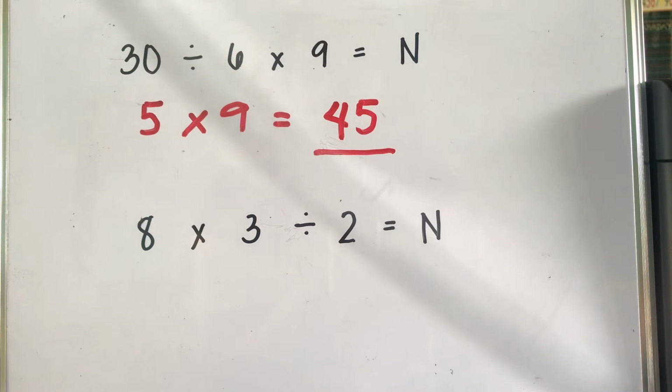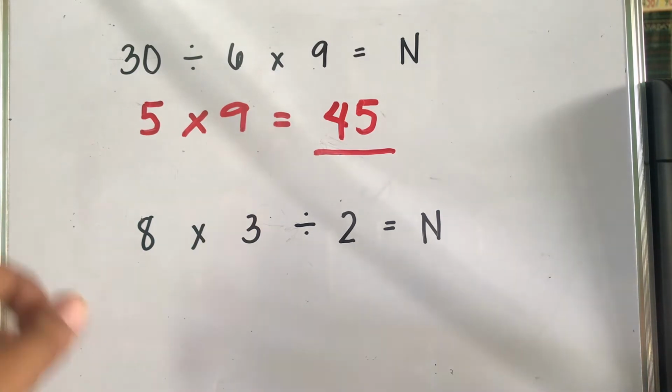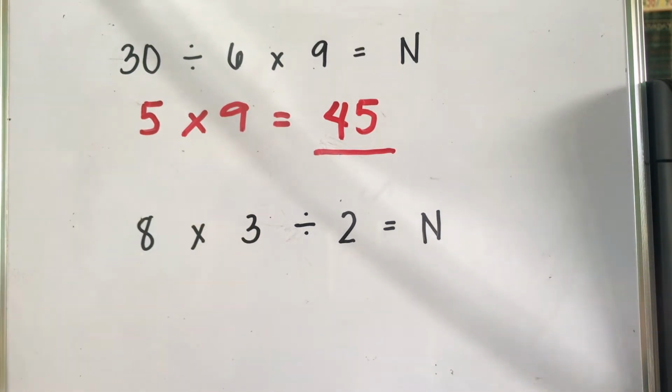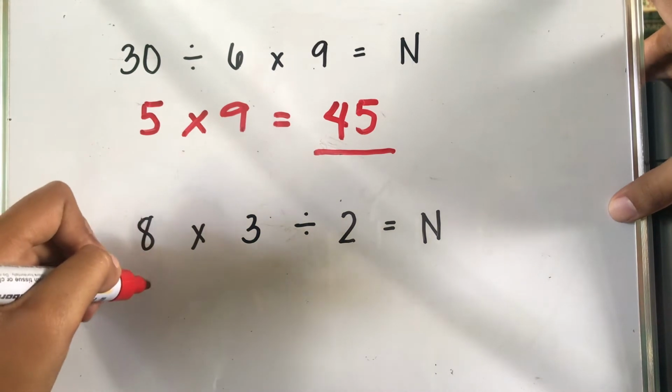Now let's have another example. We have 8 times 3 divided by 2 equals n. So again, multiply or divide, whichever comes first. In this case, multiplication comes first. So we will solve 8 times 3. 8 times 3 equals, correct, that is 24.